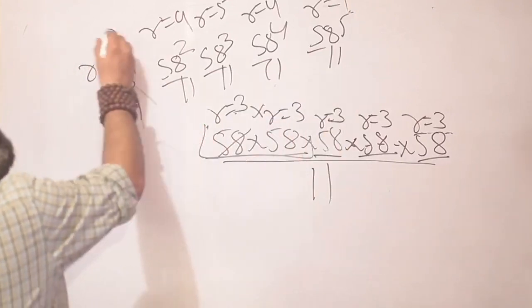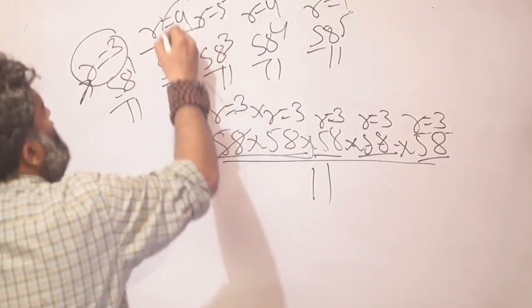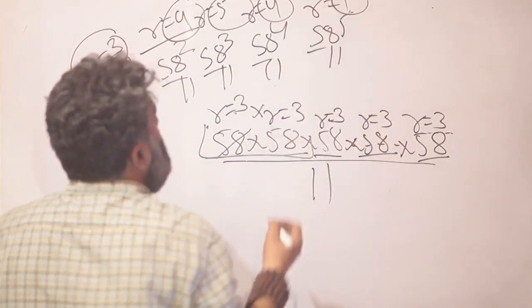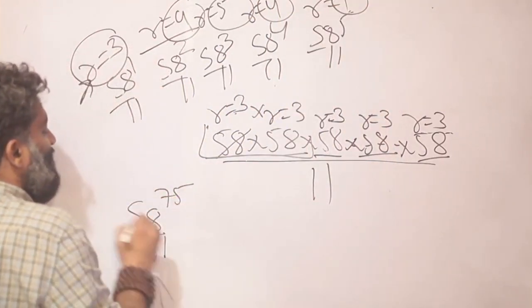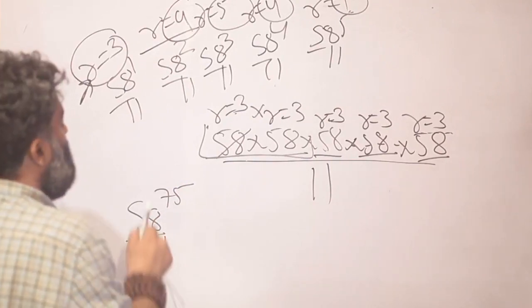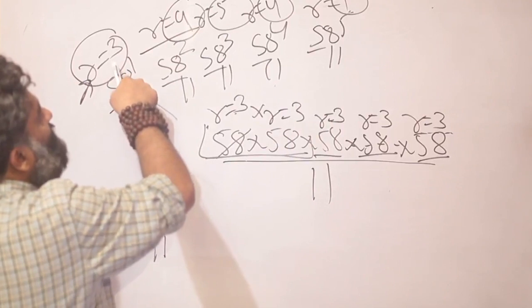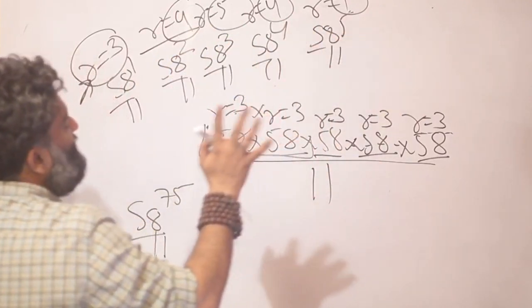So you know the remainders are: first remainder is 3, the second step is 9, then 5, then 4, and then 1. Our question was 58 raised to 75 divided by 11, what is the remainder, right? 75, and we are thinking of a cycle of 5, right? 3, 9, 5, 4, 1, five separate remainders.